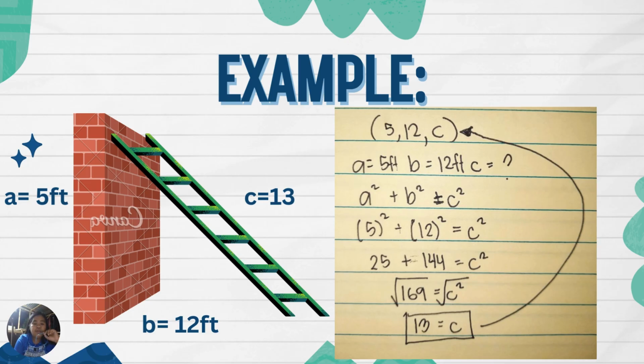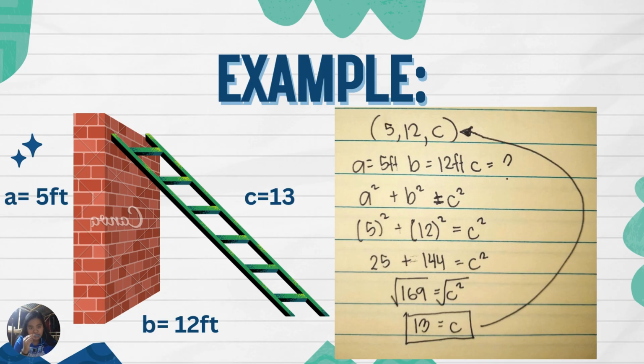So add the 144 and 25, we have 169. So to get rid of the square on c squared, we have to put the square root on both sides. So the square root of c squared is equal to c. The square root of 169 is 13. So the ladder is 13 feet long.